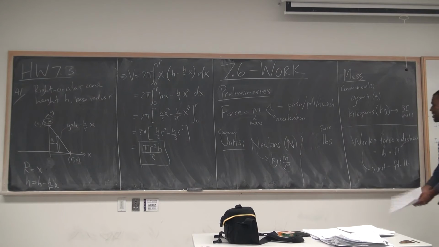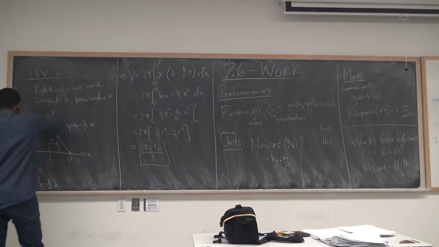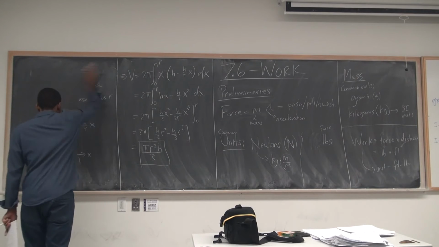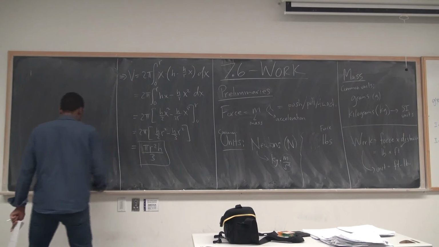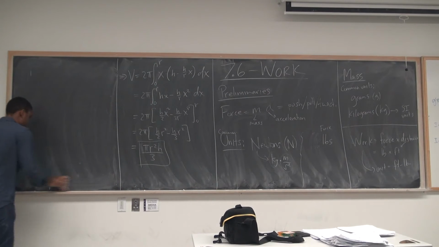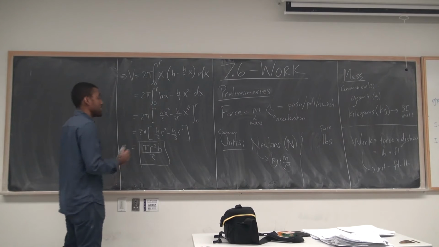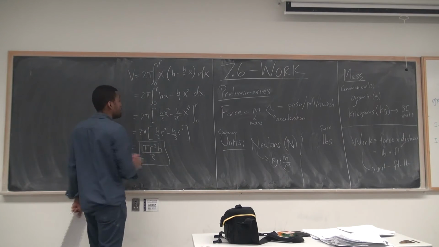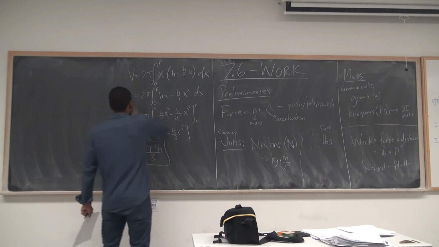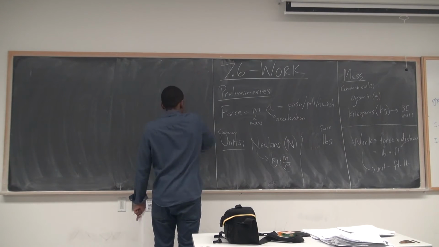I just want to make sure that we know what units to look at, because the problems will often have units built into them, and you need to know what they're talking about. You need to know, if they say grams, they're talking about mass. Or if they say kilograms, they're talking about mass. If they say pounds, they're talking about force. You need to actually know these things.